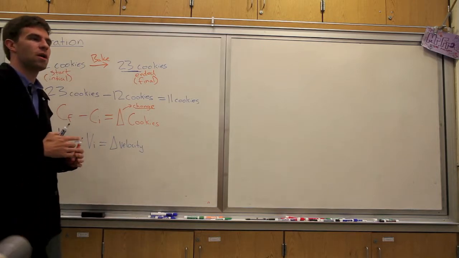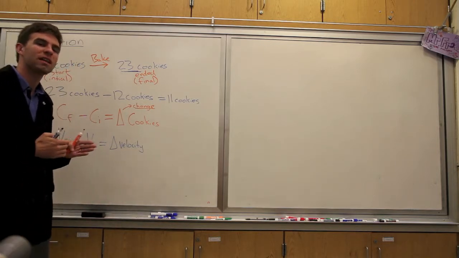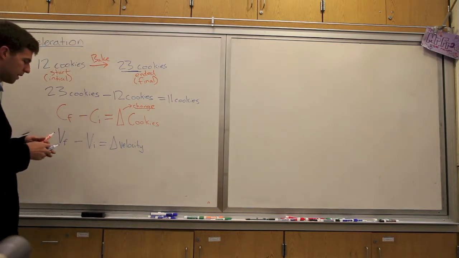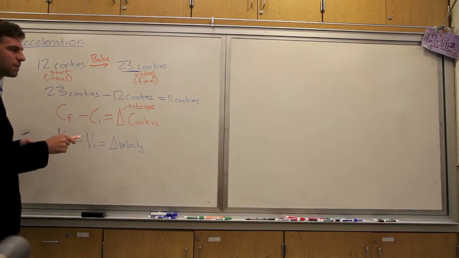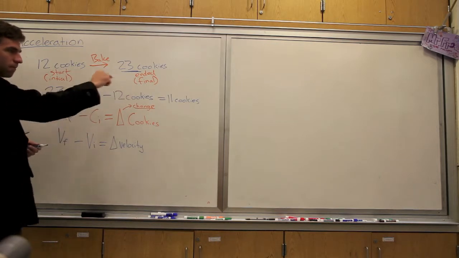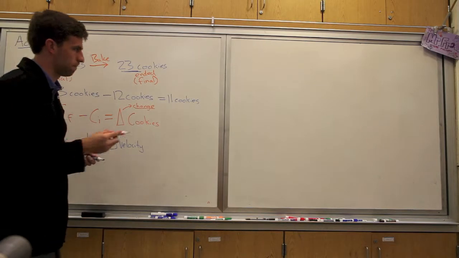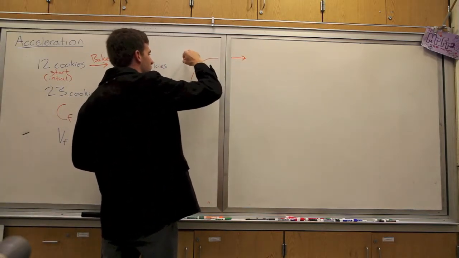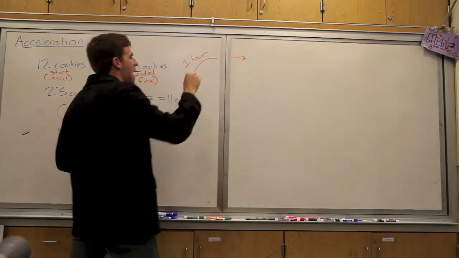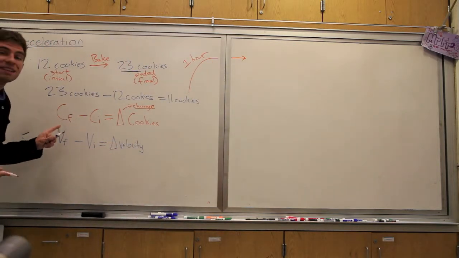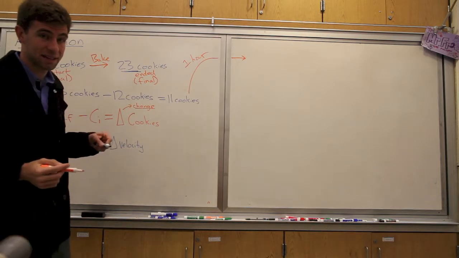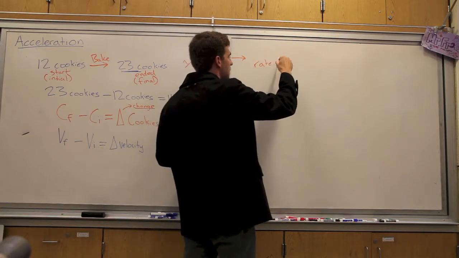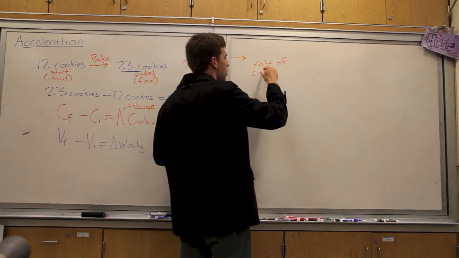Now the question is, how quickly is that changing? Let's say we went back to the cookies example, and what if I was able to bake all these cookies in 1 hour? So let's say this process all took 1 hour. The way we're going to write this is to find the rate of cookie baking.